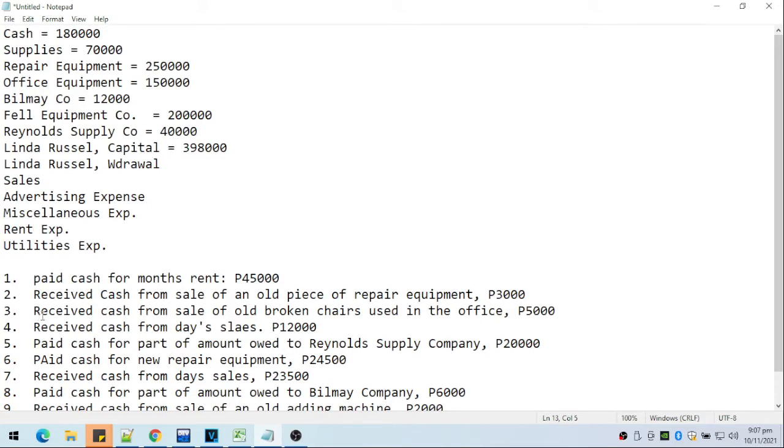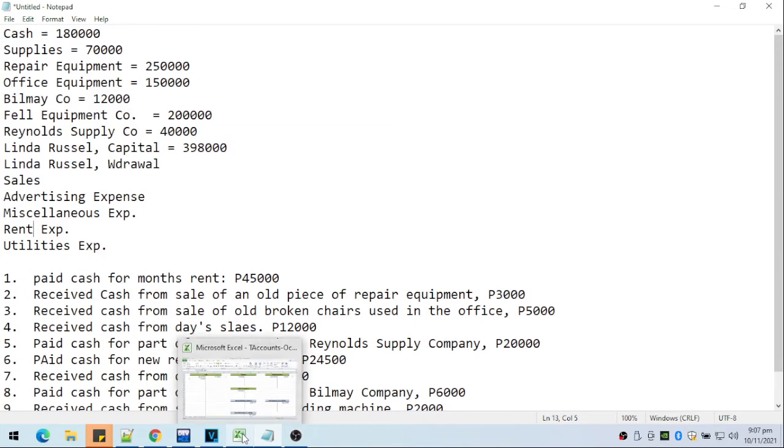Then transaction number 3, we receive cash from sale of old broken chairs used in the office, amounting to 5,000. It is quite similar to the previous one, but for this, we actually sold office equipment. We receive cash, so it will increase our cash, on the debit side. But we have given away old broken chairs, so that will decrease our office equipment by 5,000, placed on the credit side.